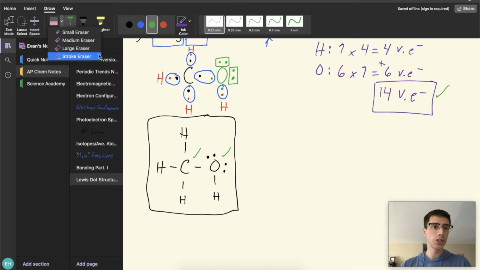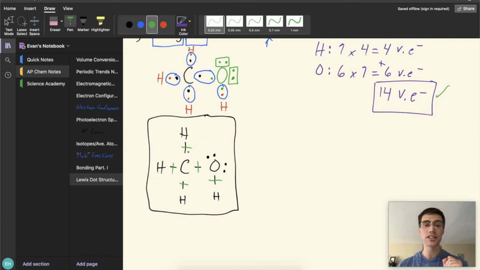So the last thing we should be taking into account here is the formal charges of all of our atoms. Now, again, basically when we do that, we split the electrons in half from each bond, because when we're dealing with formal charges, we only count the valence electrons that each individual atom brought with itself.